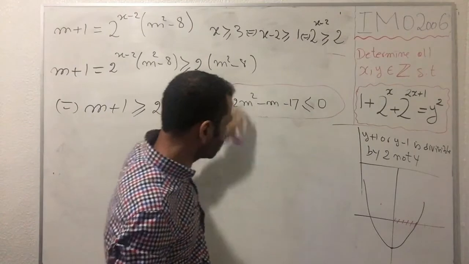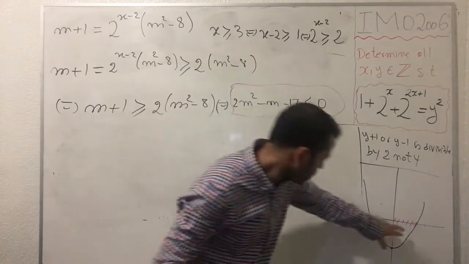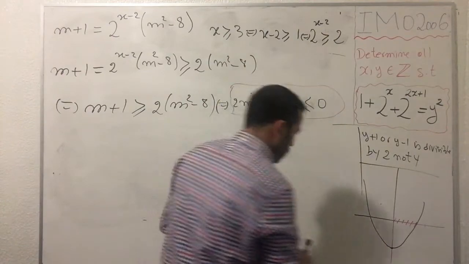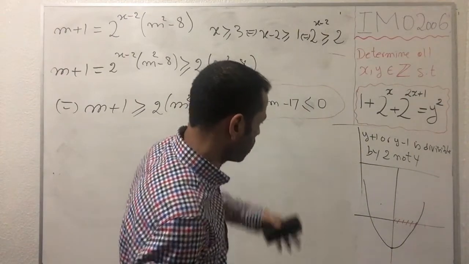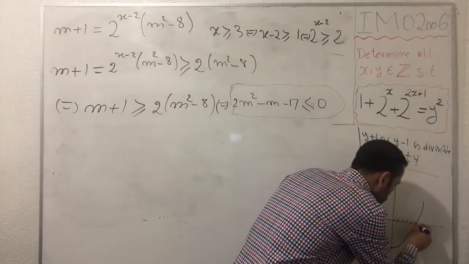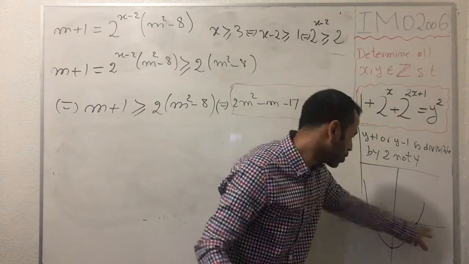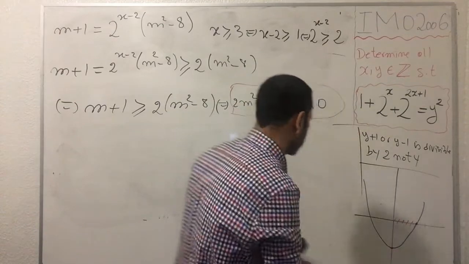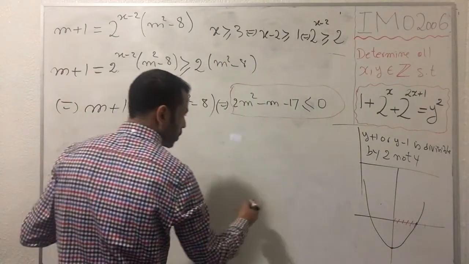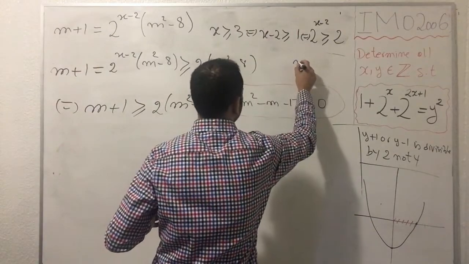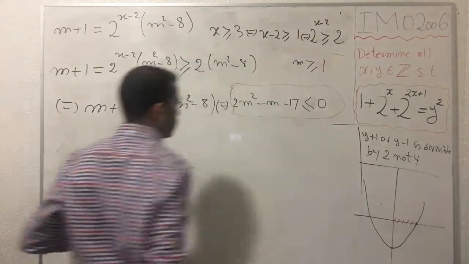Our solution of this inequality is in this region, because this one represents the larger root, where it intersects the horizontal axis. So we choose m, and we already chose m greater than 1.